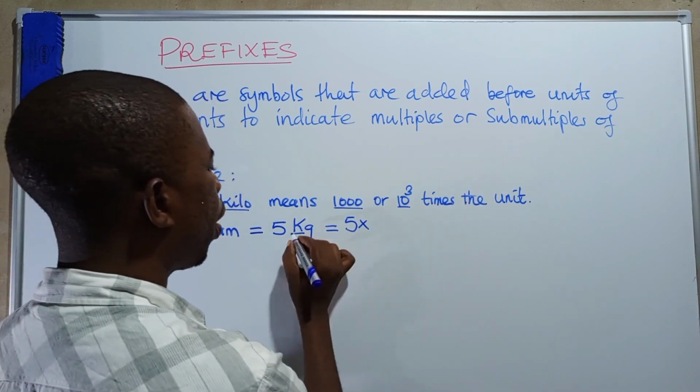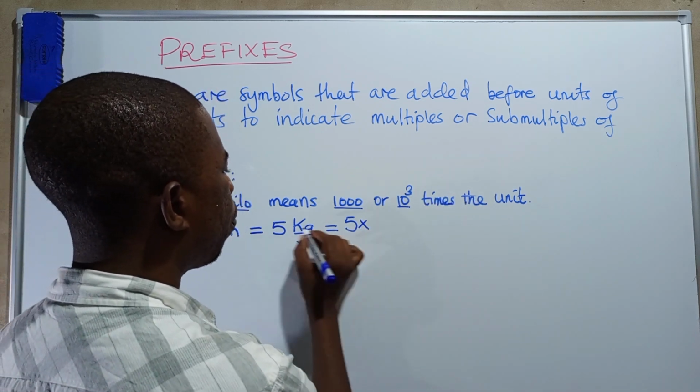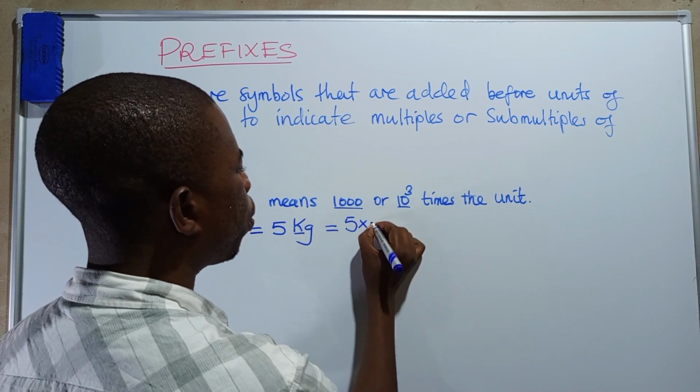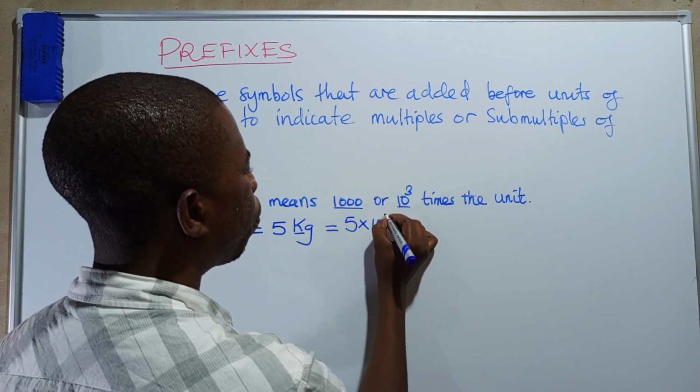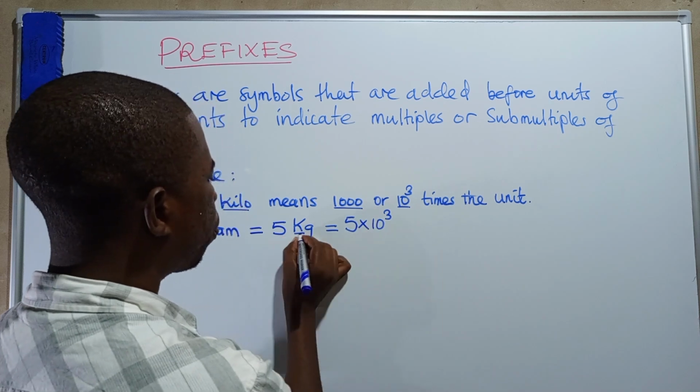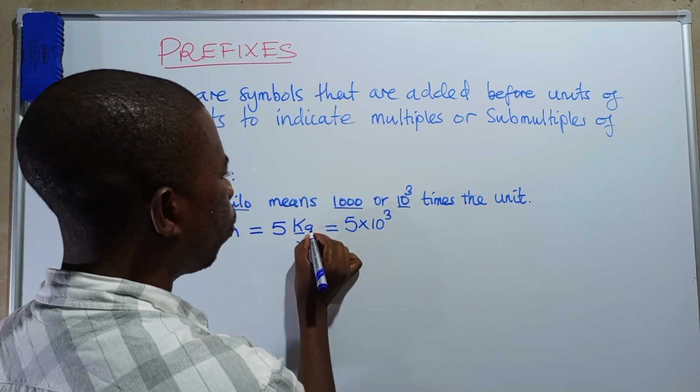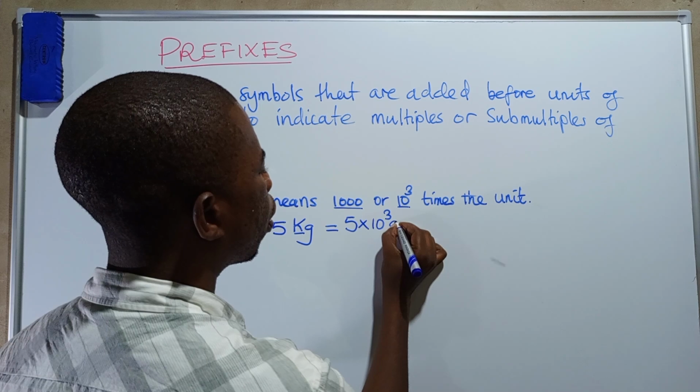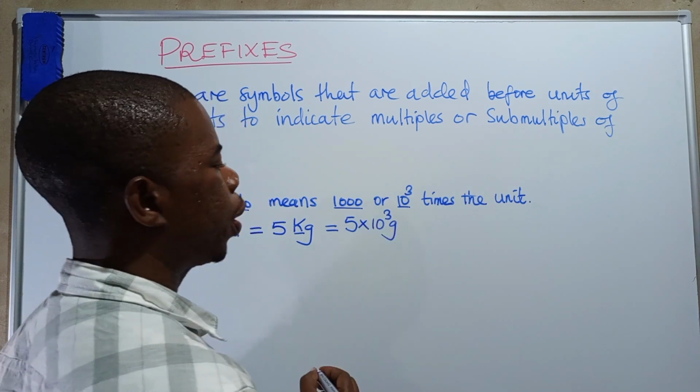So you have 5 times 10 to the power 3, then you put gram there. That's what it means.